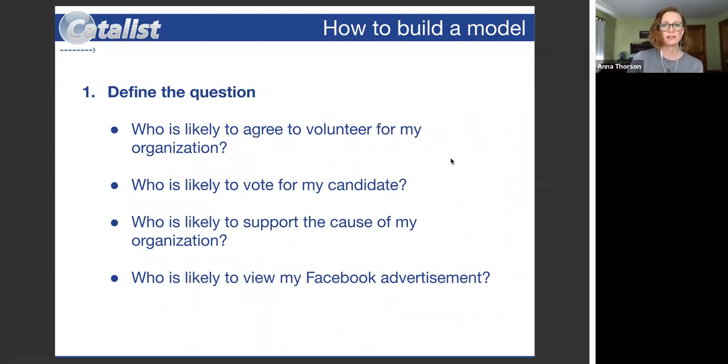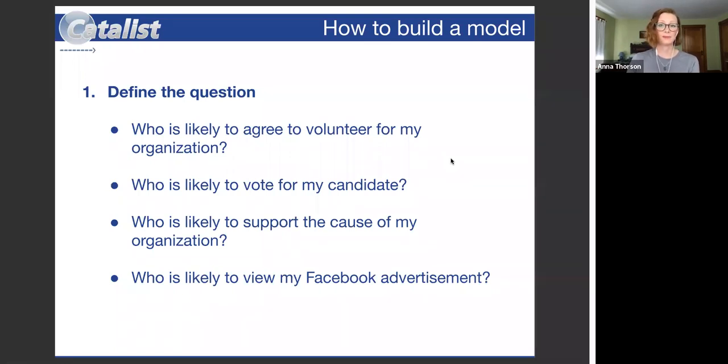These are questions that you can answer with that kind of model, and you can then use them to create lists of people who are good contacts, who you could call and ask if they want to volunteer for your organization. And because they're likely to do so, you'll get a good response rate. You could create a list of people who you want to do get out the vote work with in order to help them vote for your candidate because they are likely to be supporters.